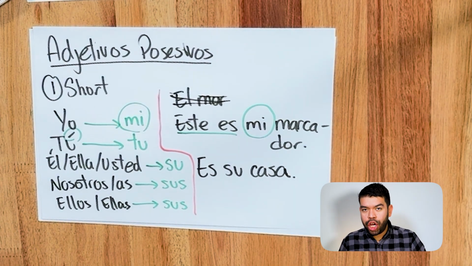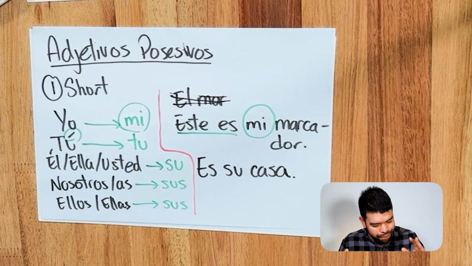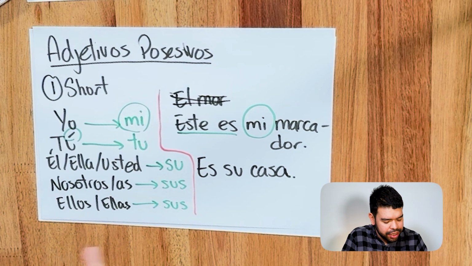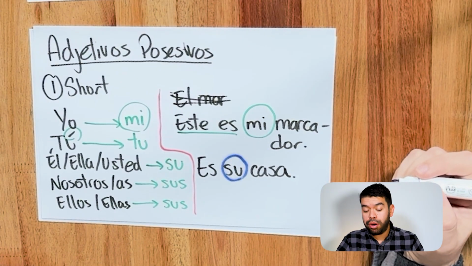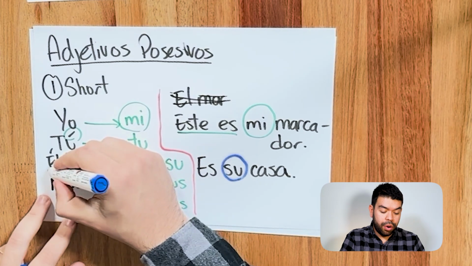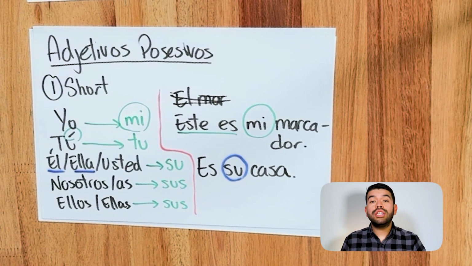It's her house. Whose house is it? Is it his or hers? It depends on the context. Honestly, there's no differentiation here. So attention with this. We know that it's someone else's house. We don't know if it's ella or él. His house or her house. Okay? We just need a little context.